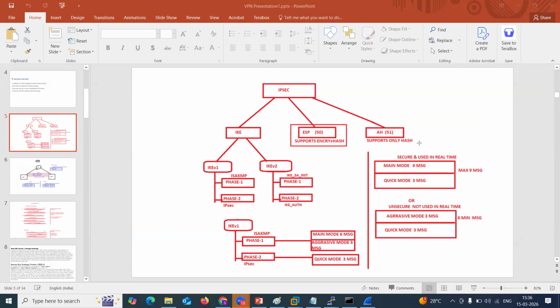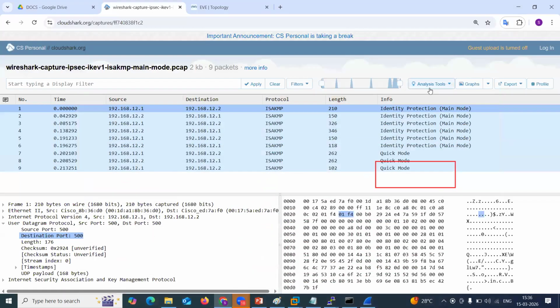The answer is, after completing main mode and quick mode message exchange, after the phase 1 and phase 2 establishment of the tunnel, when real data passes, that real data is protected by the ESP protocol. So every phase or every situation has a protocol. Understood? Now I can't use the ESP protocol to exchange the messages. No, I can't do that.